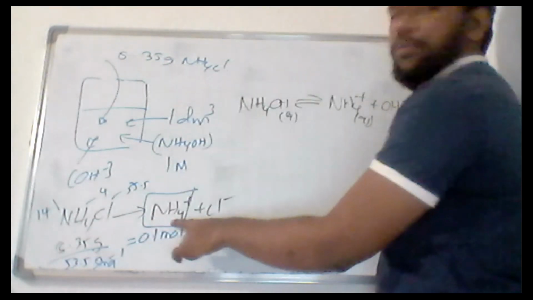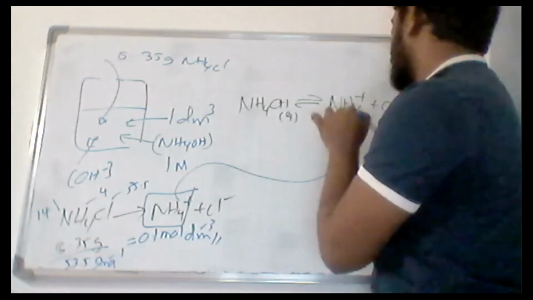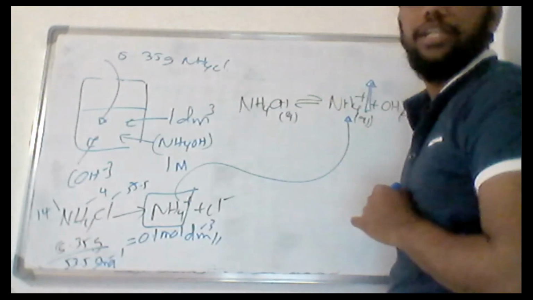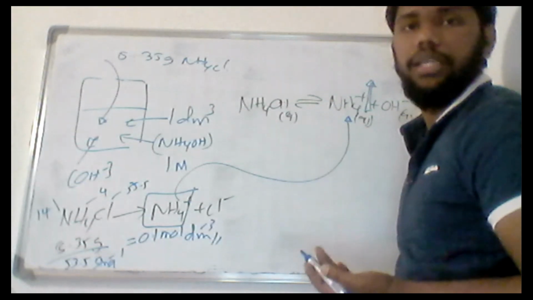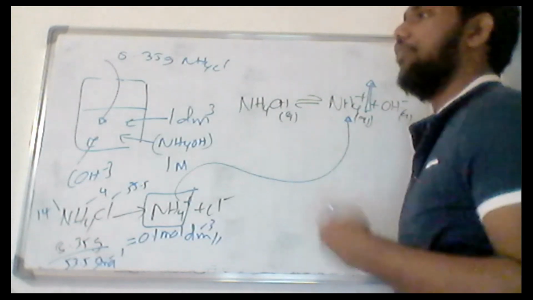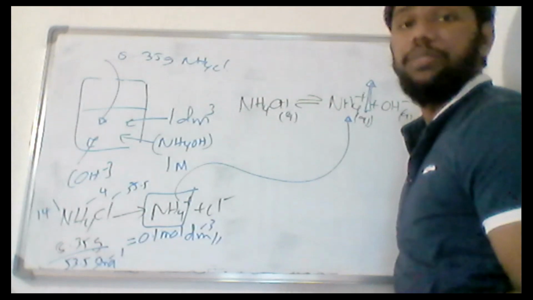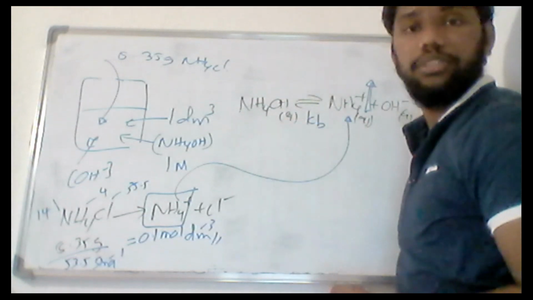Which means now there is an effect to this equilibrium by NH4 plus. Why? This NH4 plus will act here, increases the concentration of NH4 plus in the medium, and which is not good. Why? If you increase the concentration in the medium, according to Le Chatelier's principle, still they have to maintain this Kb, because Kb is a temperature dependent constant.